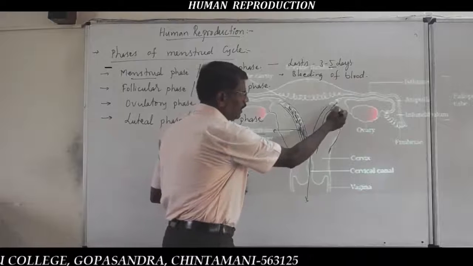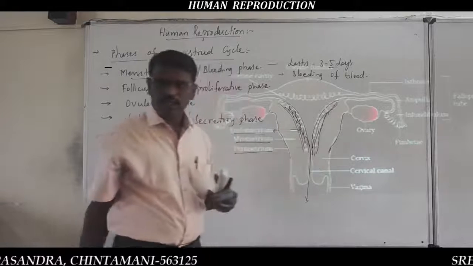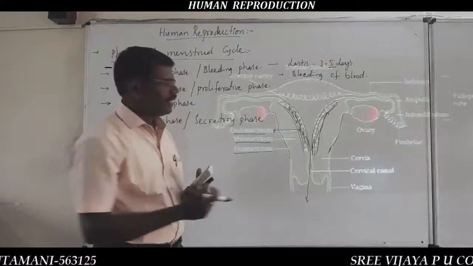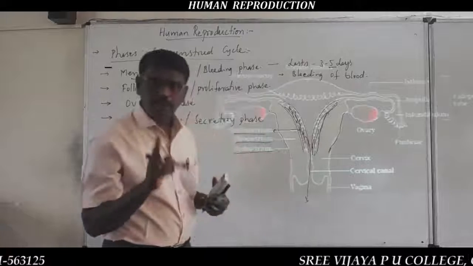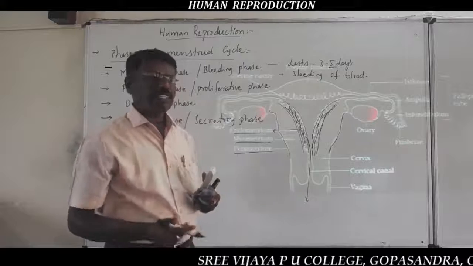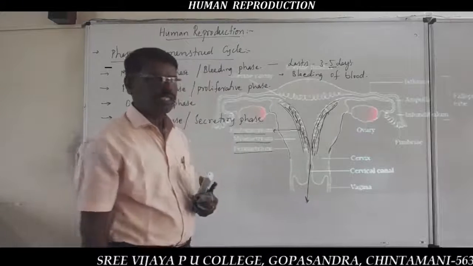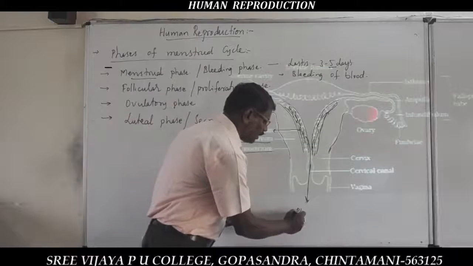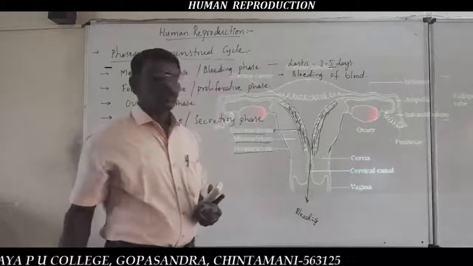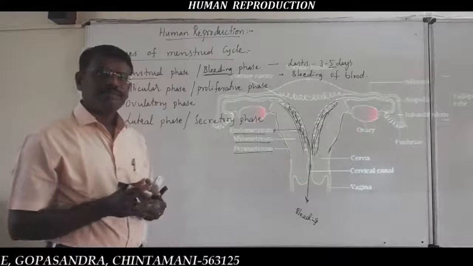It is discharged through the vaginal portion, which is bleeding. That's why it is also called the bleeding phase.